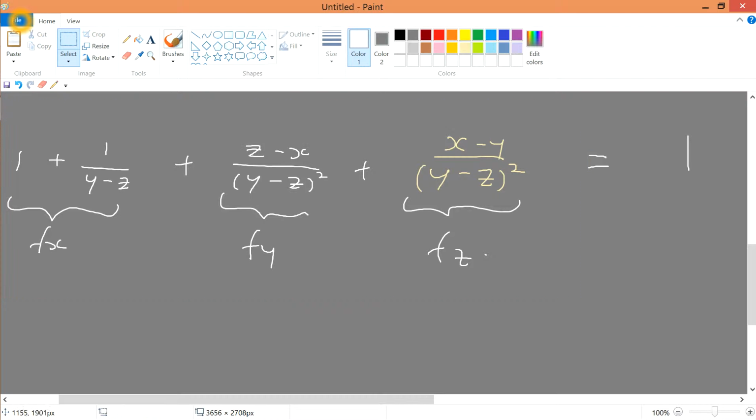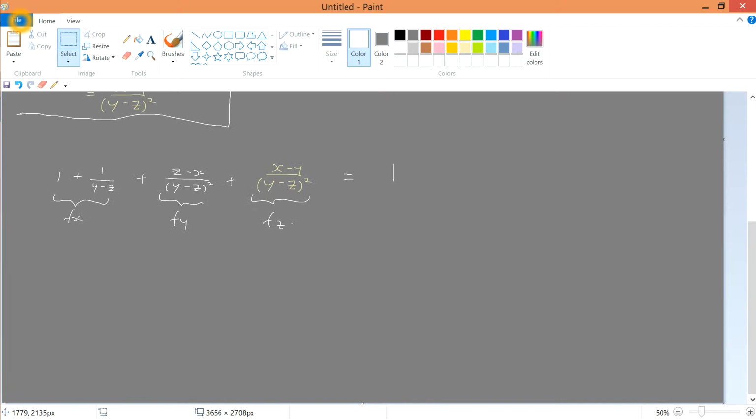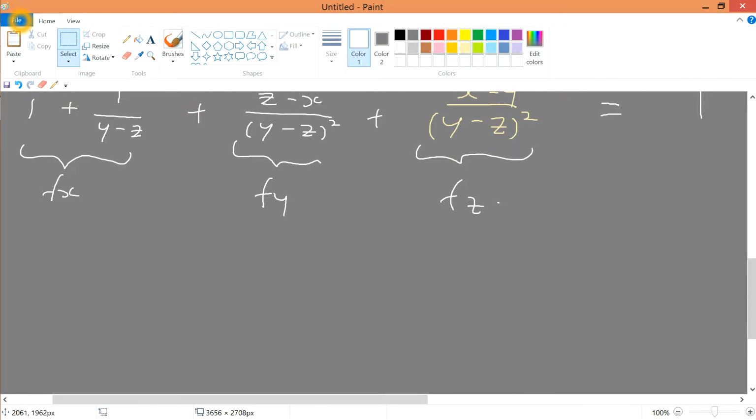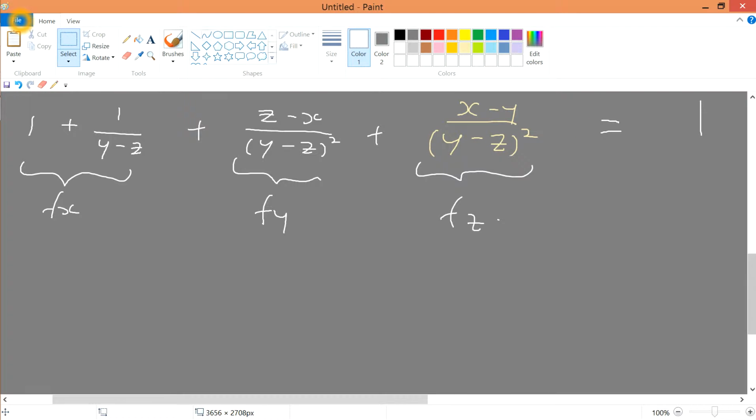I will assume that you already know, otherwise, this is a recap. So to recap, what I'm going to do now is make all the denominators the same. I'm going to make this squared because everything is in terms of squares now.